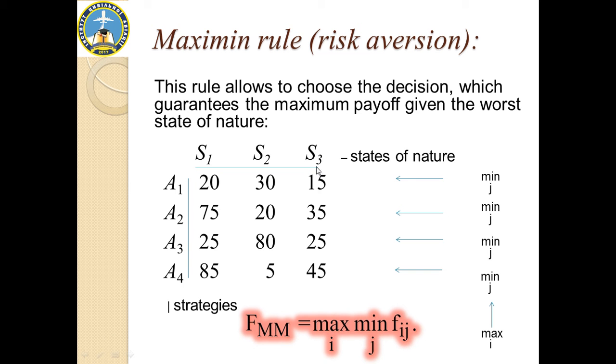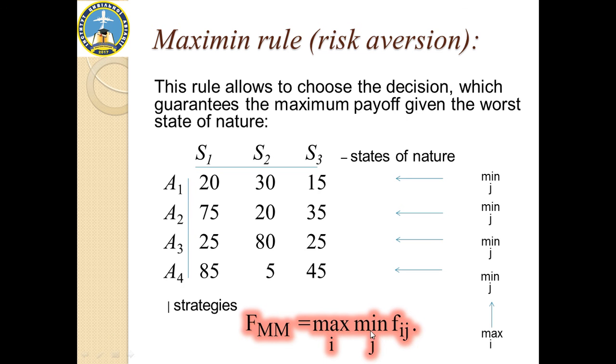So this is one of the possible approaches to solve this problem. With the maximin rule, we avert any risk. We find the minimum payoff for every option and maximize these minima. So basically it boils down to this.